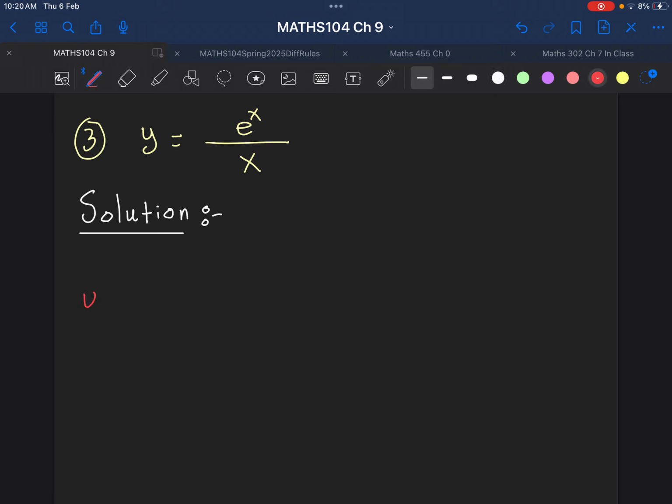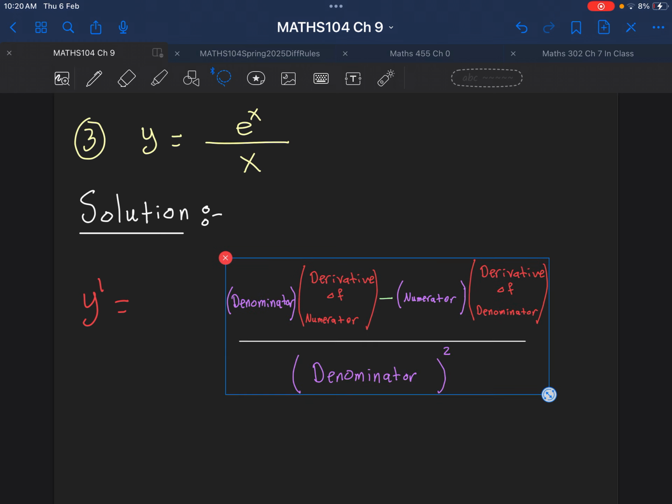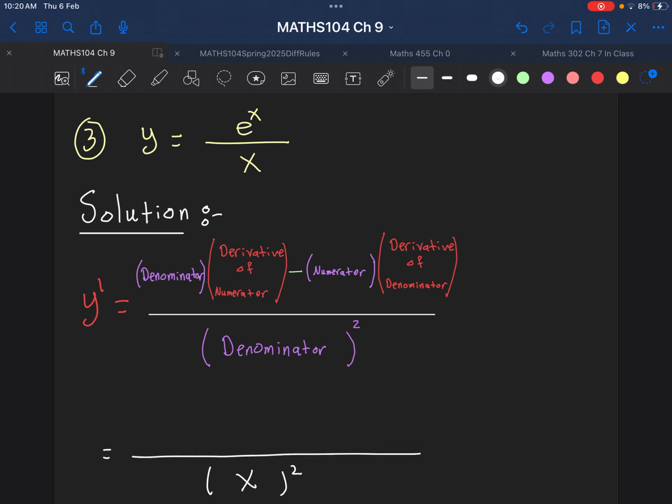Again, we will use the quotient rule here. So we need to find y prime, and that goes as follows. Denominator squared is just x squared.